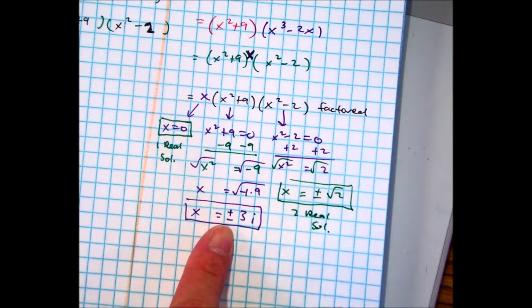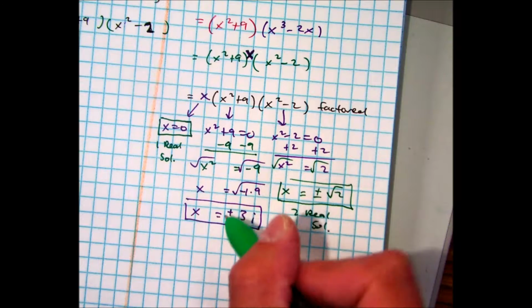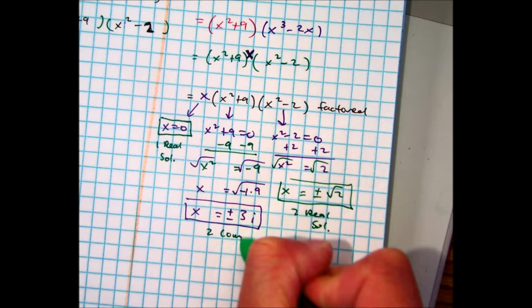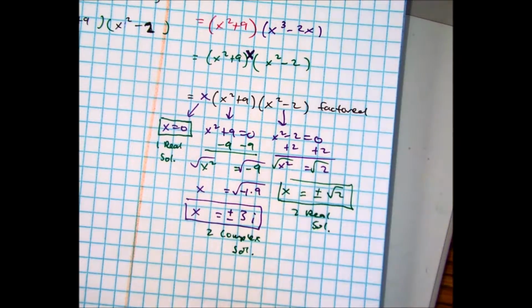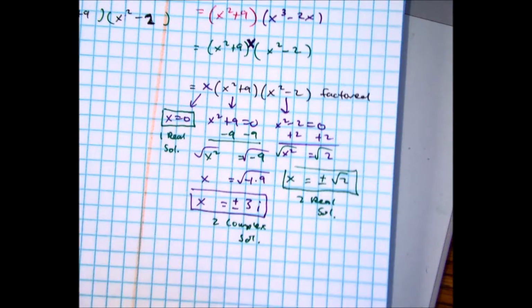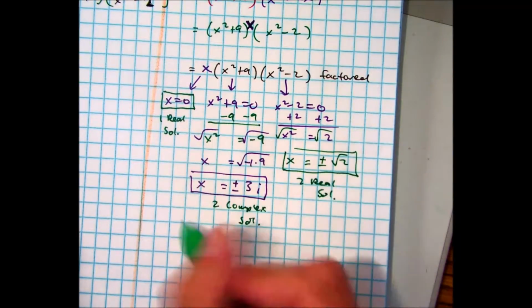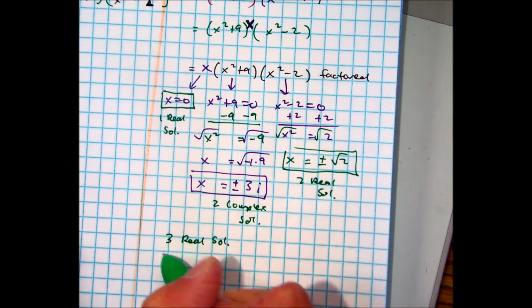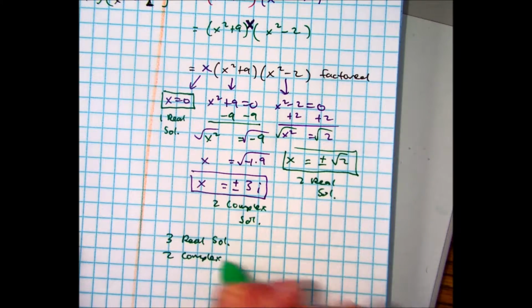Real or non-real? Non-real. Non-real means what? Because it has an i in it, right? So I have, pay attention, 2 complex solutions. So let's review what this problem has for us. I have a total of 3 real solutions and 2 complex solutions.